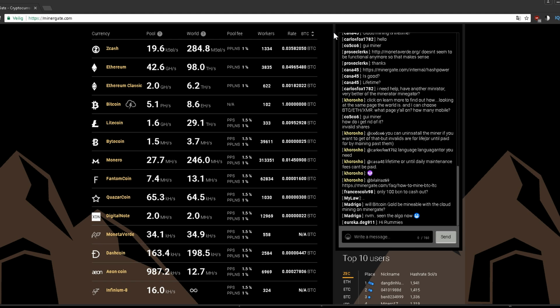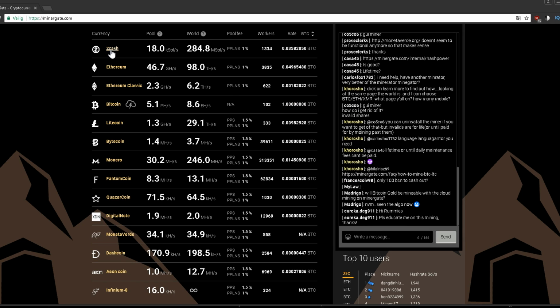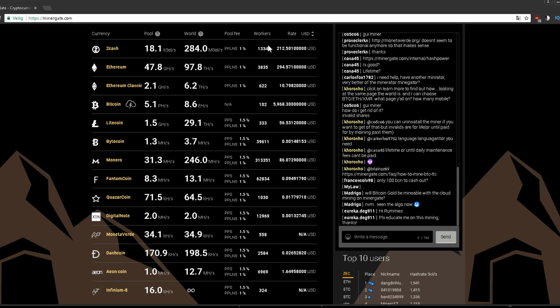Here you can see the rate, and this is how much one Zcash is worth in Bitcoin, I believe. Yeah, so here you have 1 Bitcoin, and these other currencies are being rated through Bitcoin, and you can change this to US dollar, and here you can see the prices.